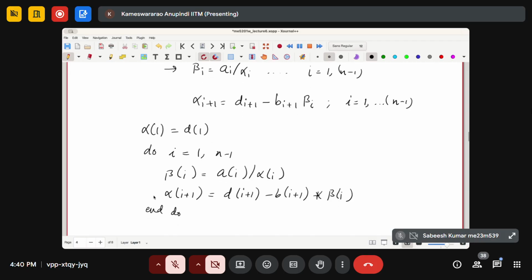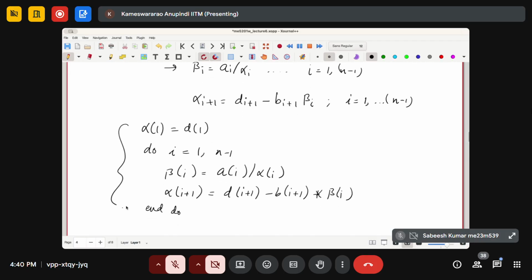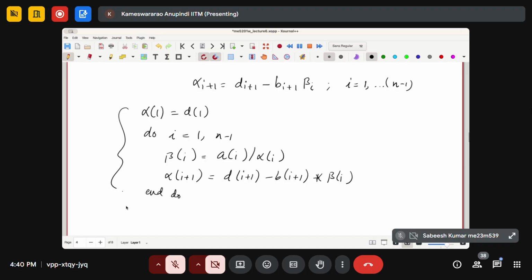Once I do this, we're already done with calculating all alphas and betas. Is it clear?